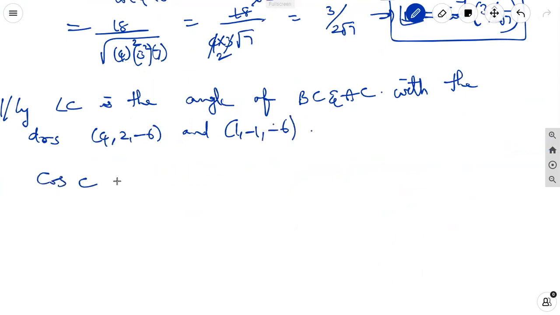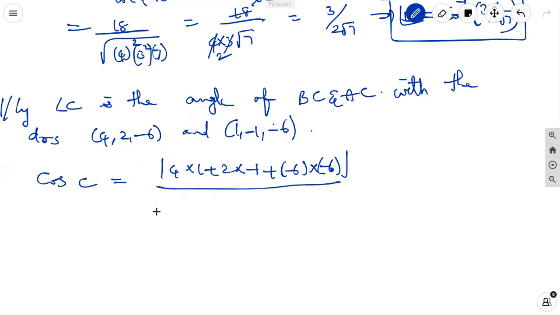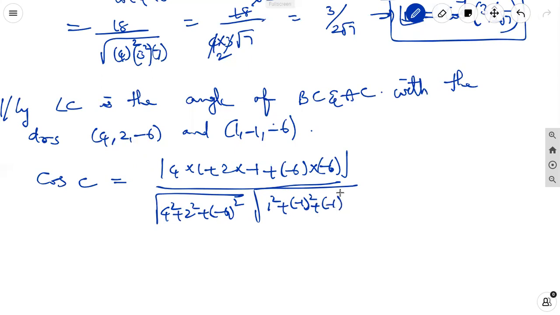Then cos C equal to (4 into 1 plus 2 into -1 plus -6 into -6) by under root of (4 square plus 2 square plus -6 whole square) under root of (1 square plus -1 whole square plus -6 whole square).